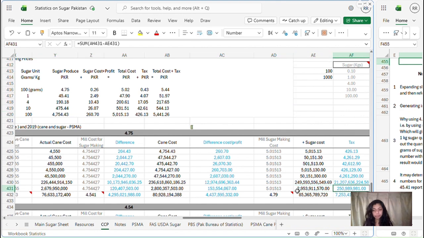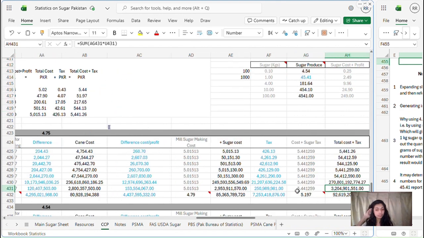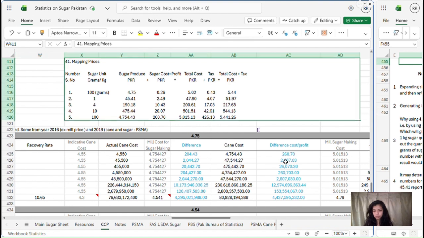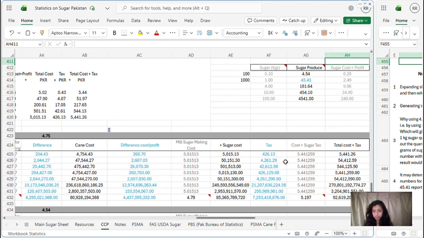Then moving forward, once all the costs are added, we are going to add the tax amount. So these are the tax amounts, 0.43 and 426.13, which is the tax amount required for 100 kgs of sugar. When this tax amount is added to this cost, we get the total cost plus tax amount, that is the final amount.